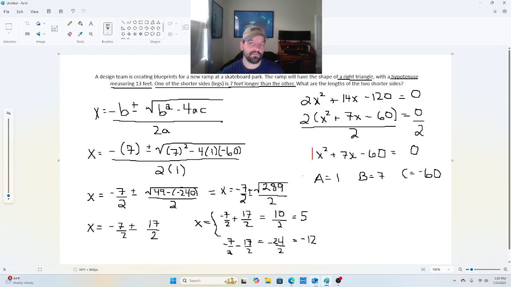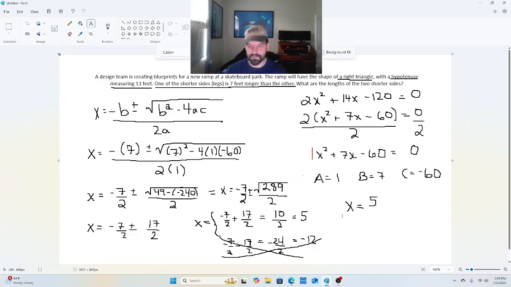So from a mathematical standpoint, any values that x has that are negative are going to have to be null and void, because there's no way that this shorter leg of the ramp can be negative 12 feet long. With that justification, we can cancel out that possibility, which means that x, the shorter leg distance, is 5. Keep that in mind too, because that gives us information which is valid to what we're trying to solve, but we also have a little bit more work to do.